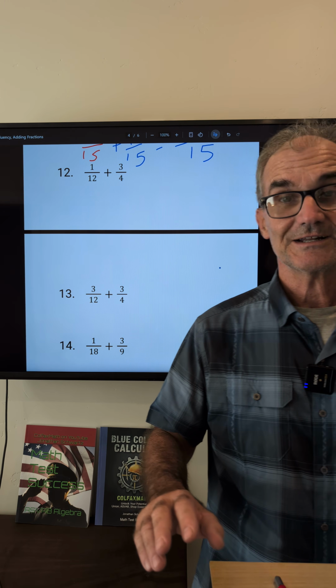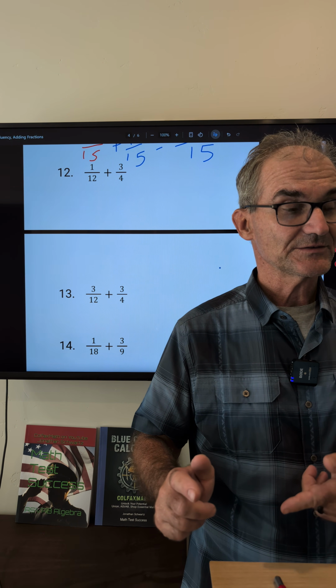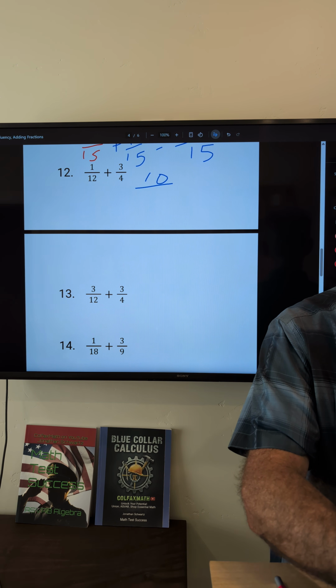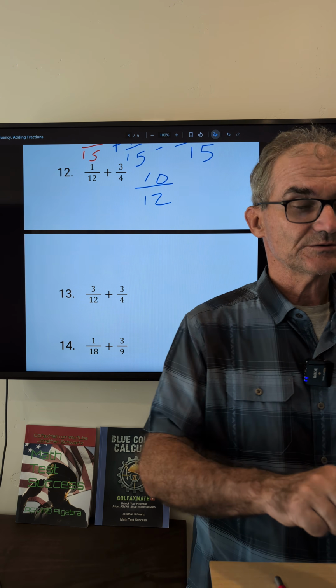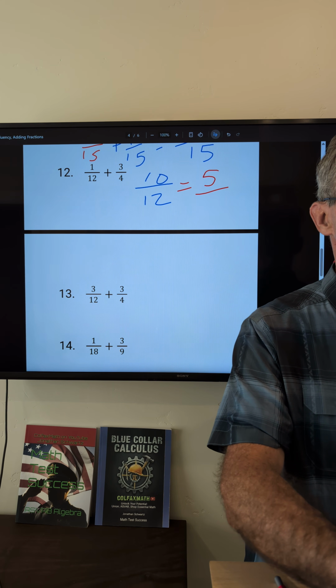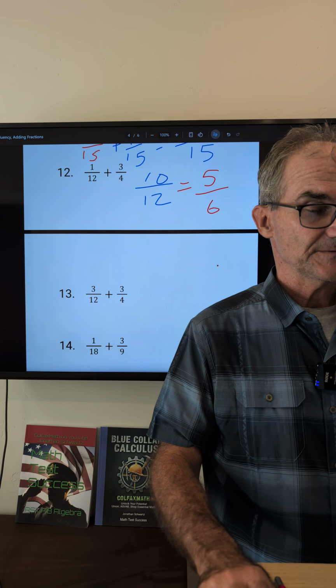All right, let's roll. Ready? 1/12 plus 9/12, right, is 10/12. They're both even, so you could reduce those to 5/6. Those two fractions are equivalent. It's just the 5/6 is reduced.